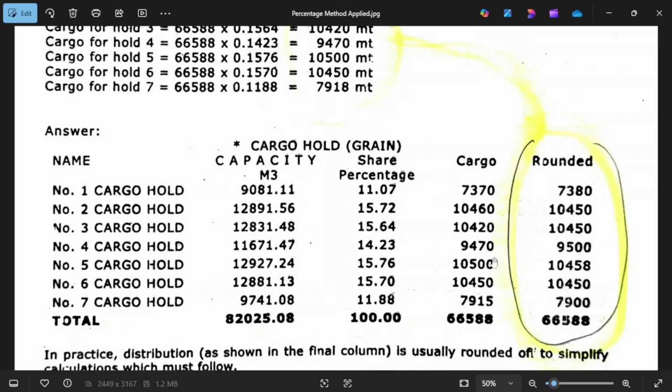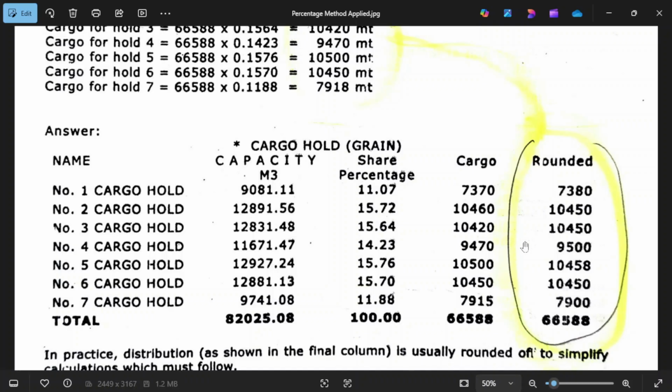So you have to adjust the cargo here so that you will have a minimum bending moment, a minimum shearing force, and you will get a target of your departure draft.